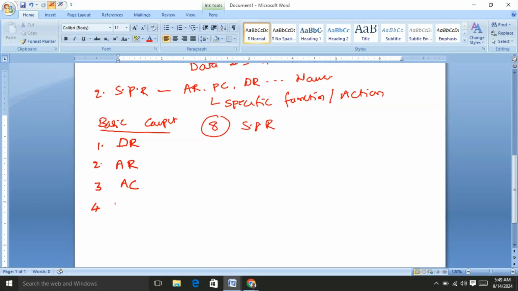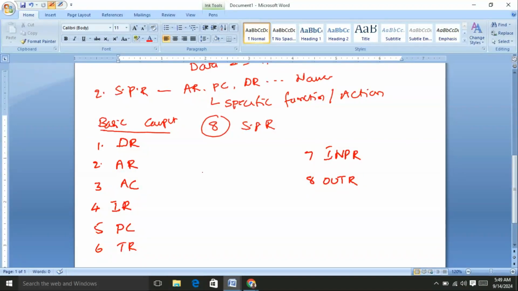The fourth one is the instruction register, IR. The fifth one is the program counter, PC. The sixth one is the temporary register, TR. The seventh one is the INPR, input register. The eighth one is the output register, OUTR.